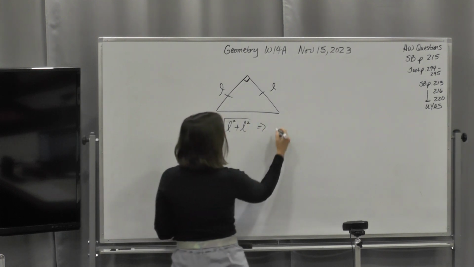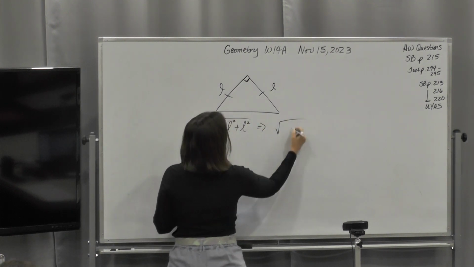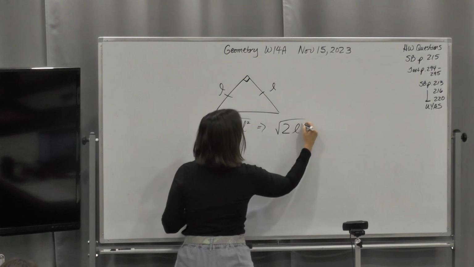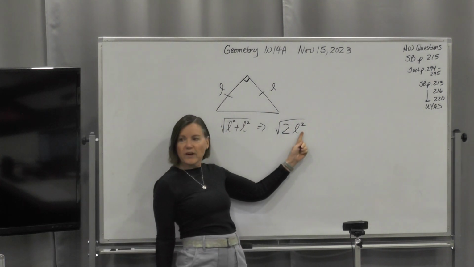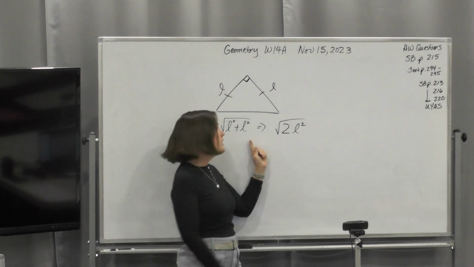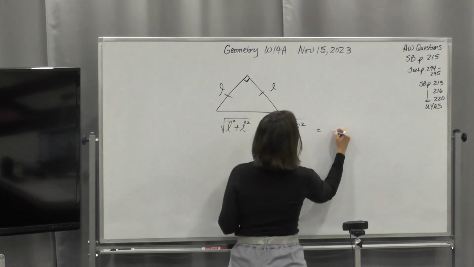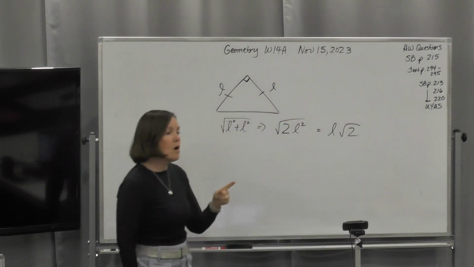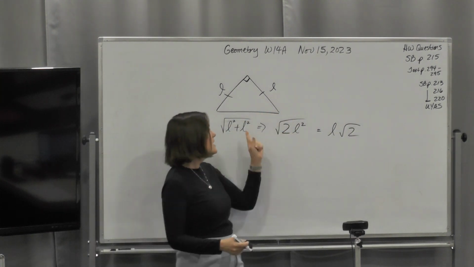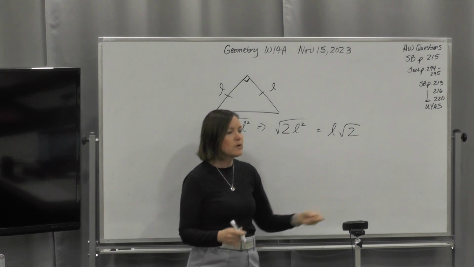Well, that's the square root of twice the leg squared. I can pull the leg squared out of the square root, and I get the leg times the square root of 2. That's why it will always be. Whatever that leg is, the hypotenuse will always be that times the square root of 2.